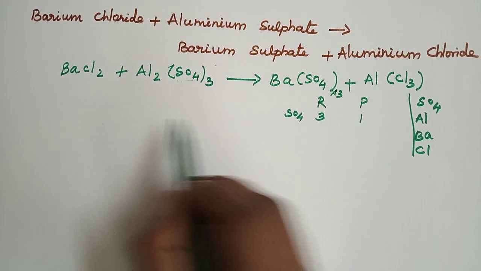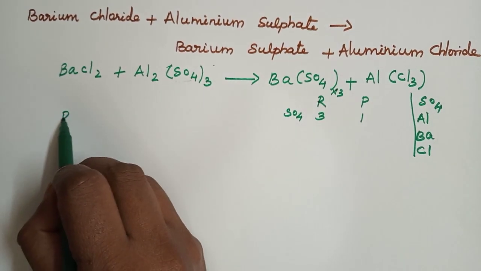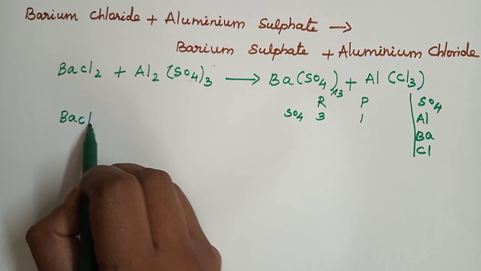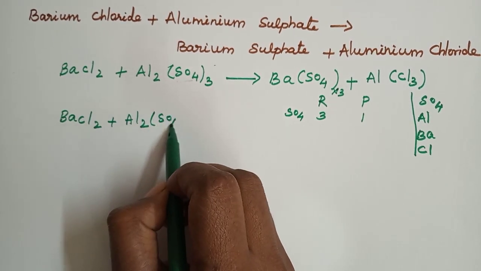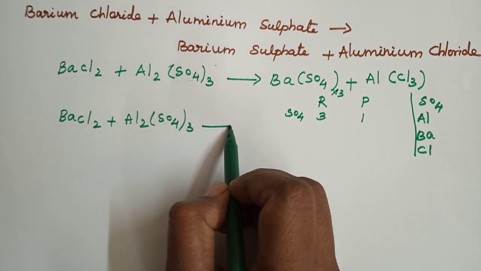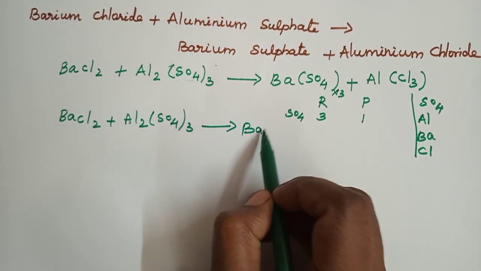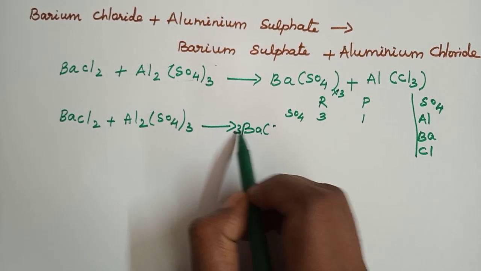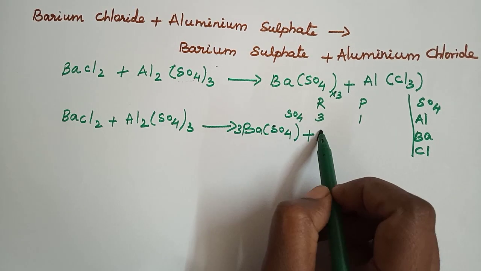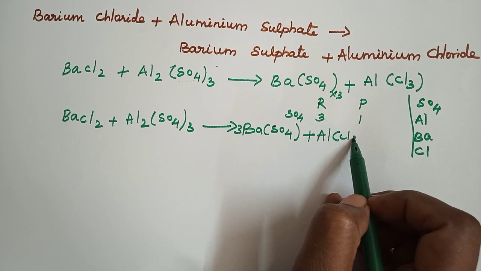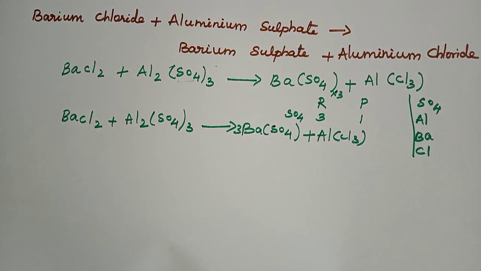Okay, now the new equation: barium chloride plus Al2(SO4)3 gives 3BaSO4 plus aluminum chloride. Understood?